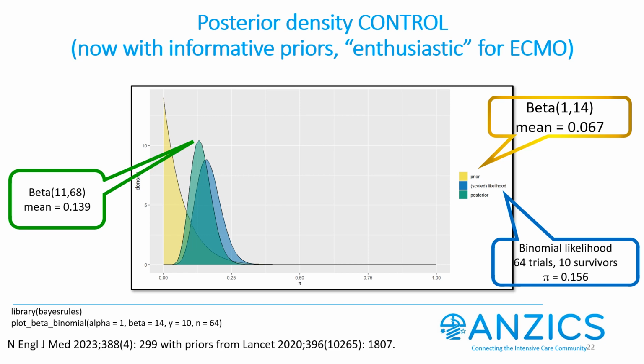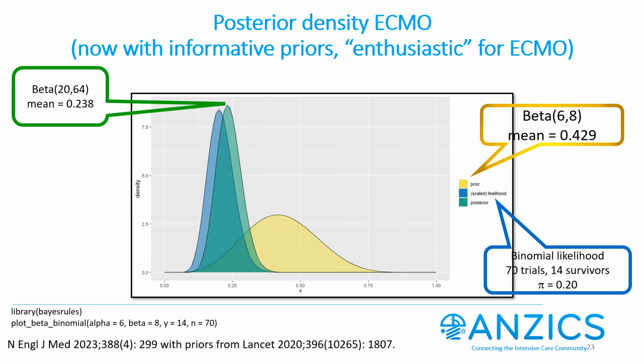We add that to the binomial likelihood of the control group, 10 survivors out of 64 from the New England Journal, and we end up with the posterior probability, which is the green curve now, estimating about a 13.9% mean difference, a mean effect. Can you see that always the posterior is between the prior and the likelihood? It's a kind of a weighted average. That's the beauty of a Bayesian analysis.